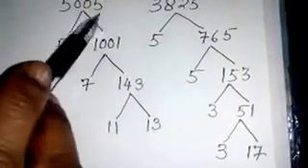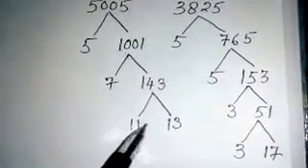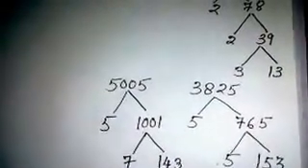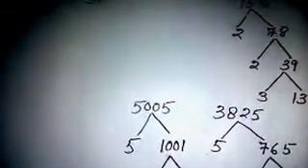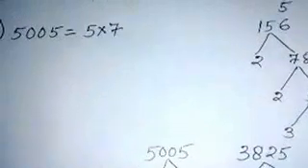So again this composite number can be expressed as the product of primes in a unique way, except for the order. The order can be changed, otherwise the prime factors will never change. That is what we are trying to explain by solving these problems.